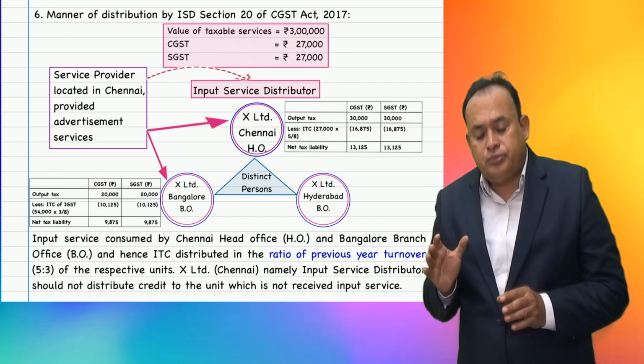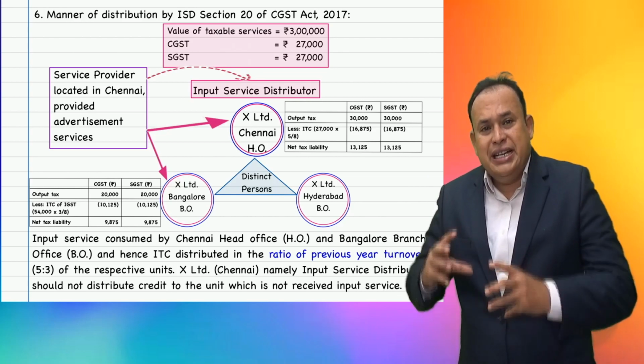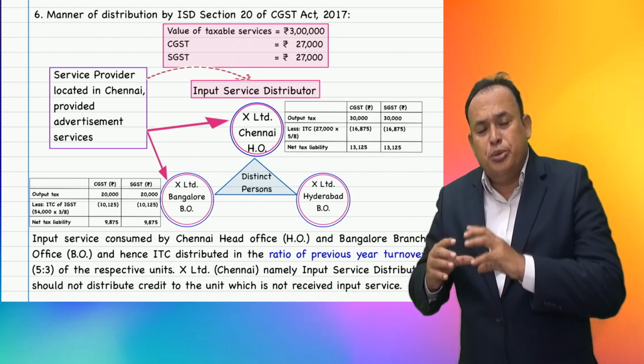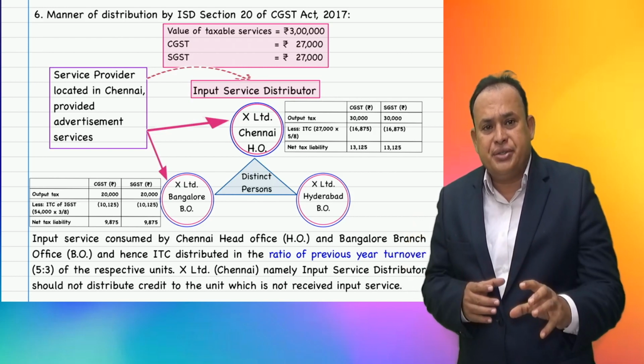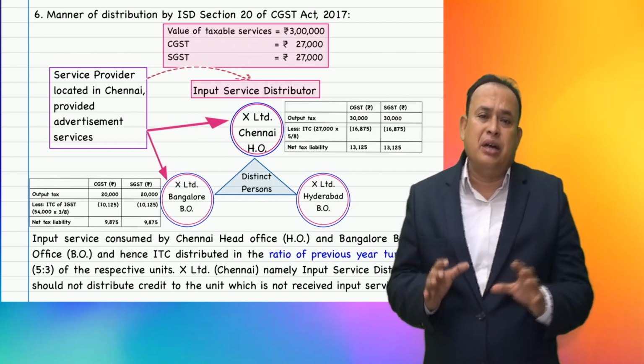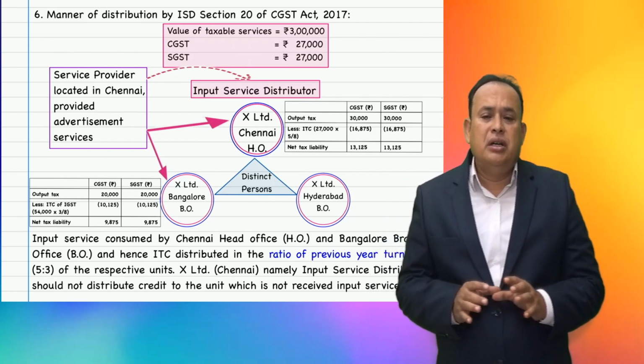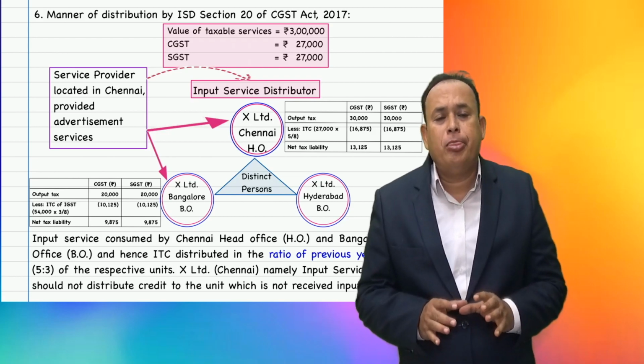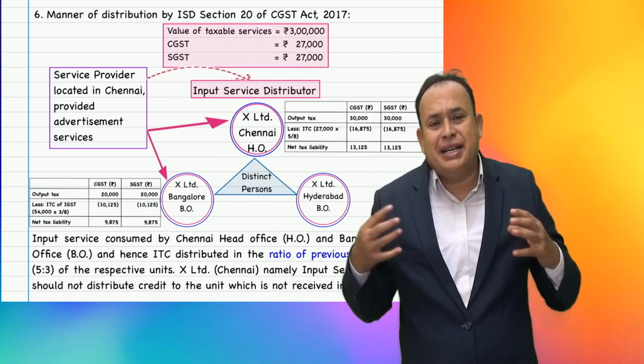First of all, the need arises to distribute the credit on input services, for which I am giving one simple example. Listen to me. My name is X Limited.